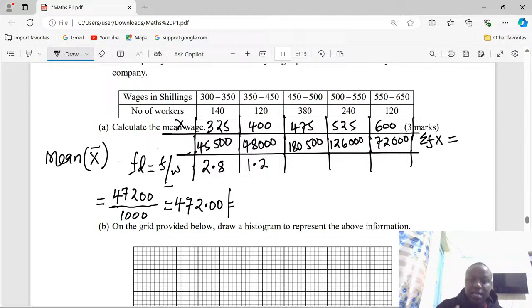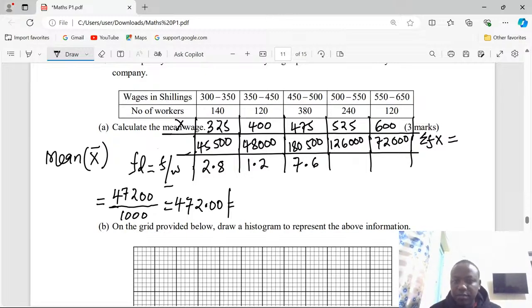In this case, because the data is continuous, the upper boundaries are also the upper limits. We have 380 divided by a class width equal to 50, so 7.6, sorry.